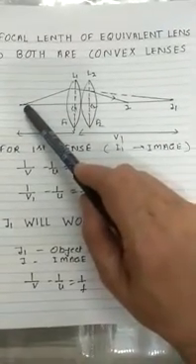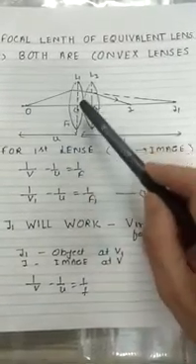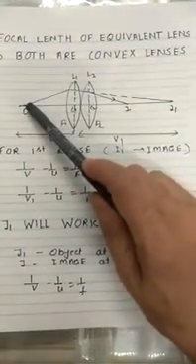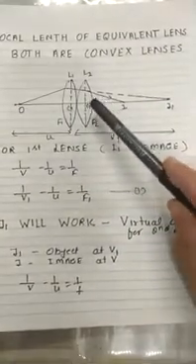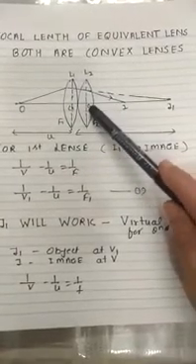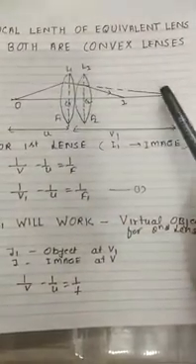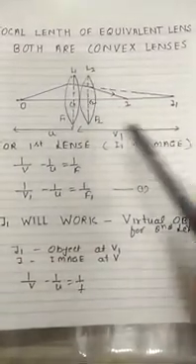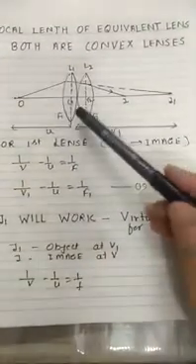So what is the mechanism behind it, students? This O is the object. First of all, lens L1 will make the image of this object O at the position I1, as if the L2 lens is not present there. Let us suppose L2 is not present; then the image of object O is made by lens L1 at point I1, at the distance V1, and this is the distance U, the distance of the object from lens L1.